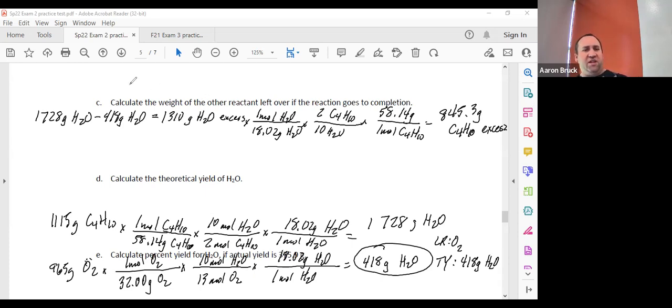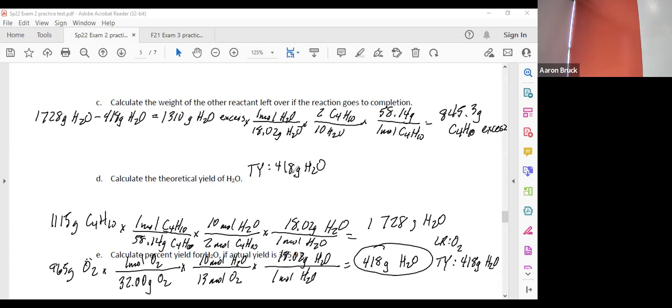Question D asks for the theoretical yield of water. We already did that. It's 418 grams. If you did not follow this process, just a couple of things that you have to remember. When we are calculating theoretical yields, we always have to start with the limiting reactant.